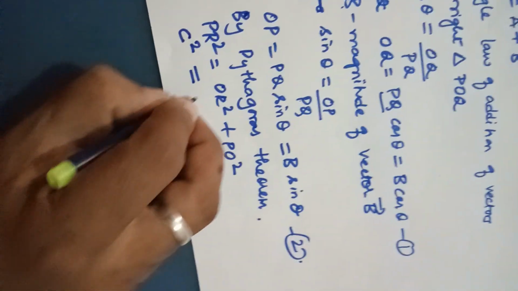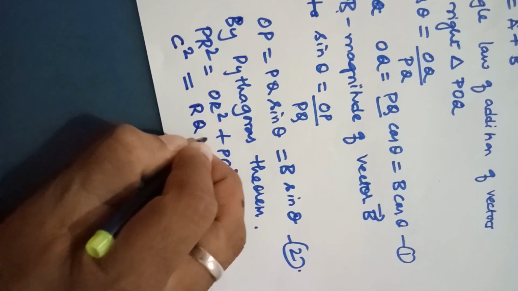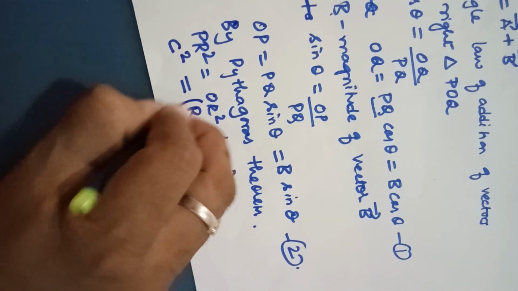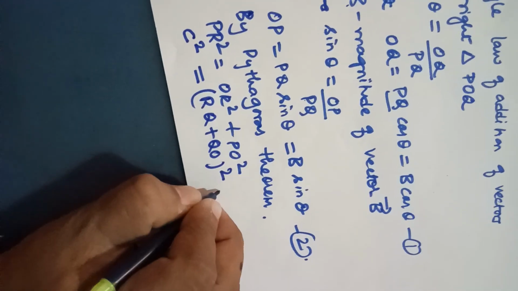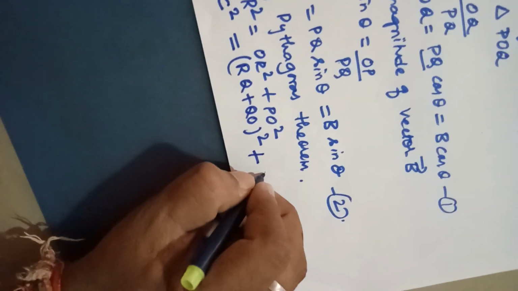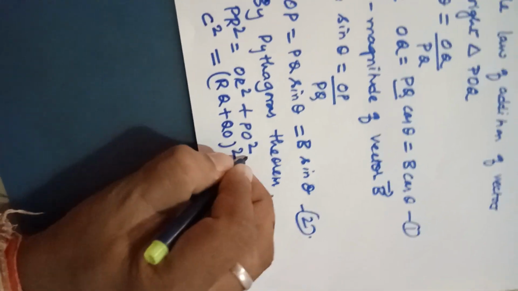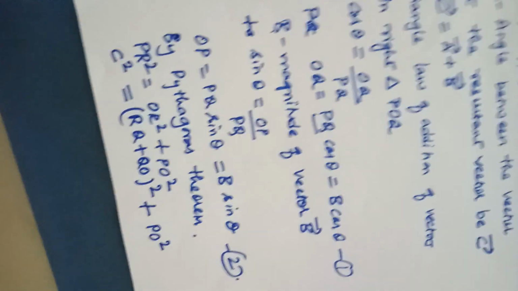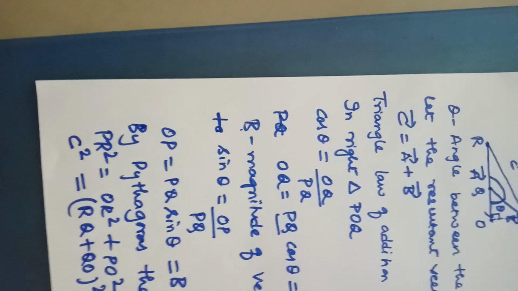But there is a square here, so RQ plus QO whole square plus PO square. I'll write PO square as PO square itself.